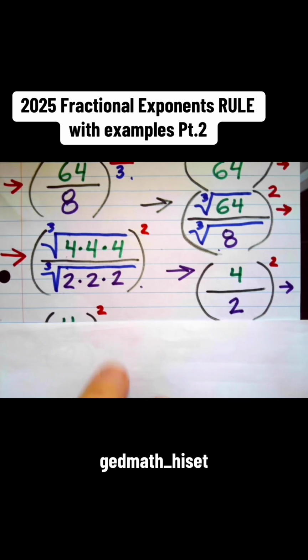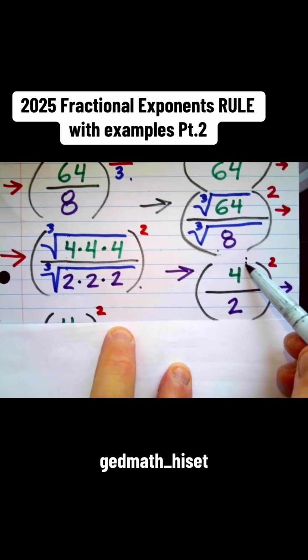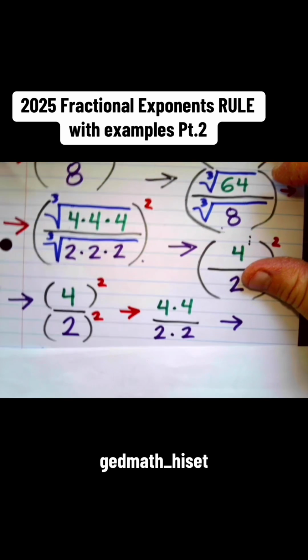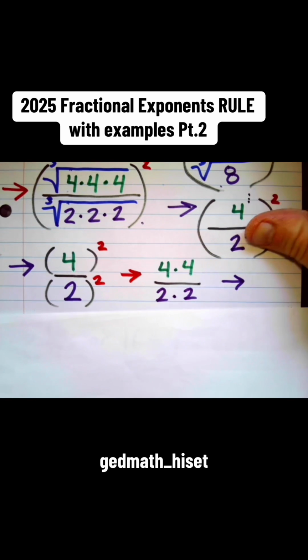And don't forget, each of these terms has that invisible 1 as an exponent. And if you remember, power to a power, you multiply the powers. Or 4 halves squared is 4 halves times 4 halves. So let's continue and move forward, and that's what I'm showing you here.